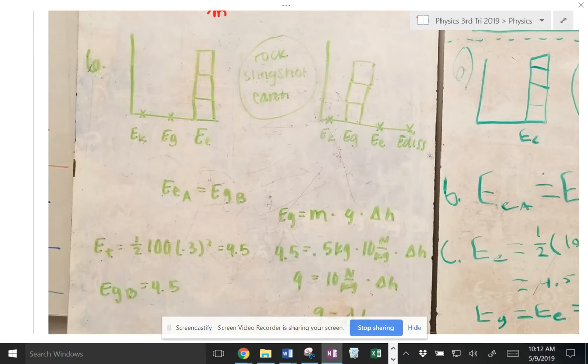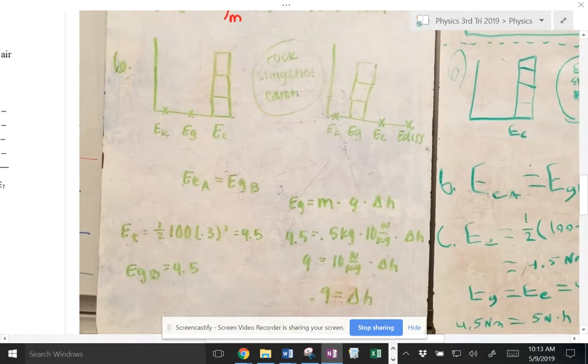And then we used the EG formula, m times g times change in height, and got that the change in height would be 0.9 meters. Any questions about any of that?